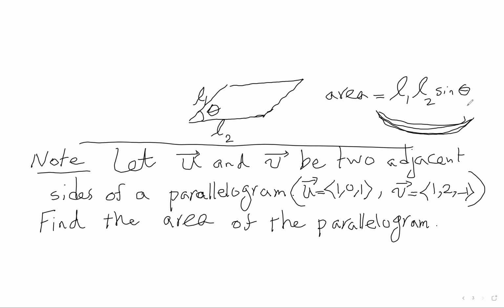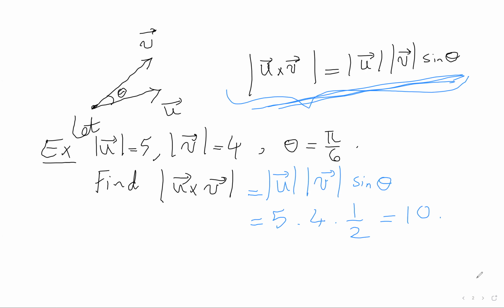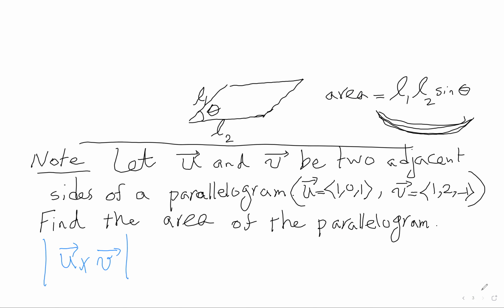So to find this area, I can find the length of U cross V. This will be the same as the length of U times the length of V times sine of theta, and that will give the area of the parallelogram.